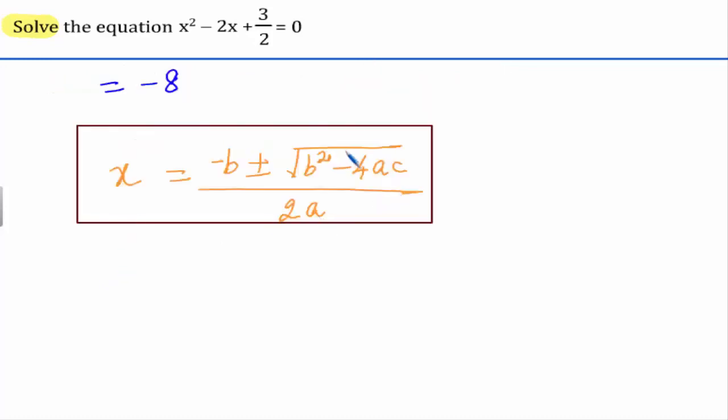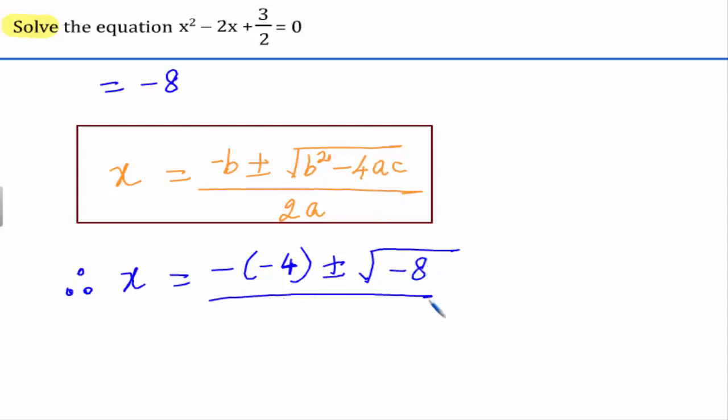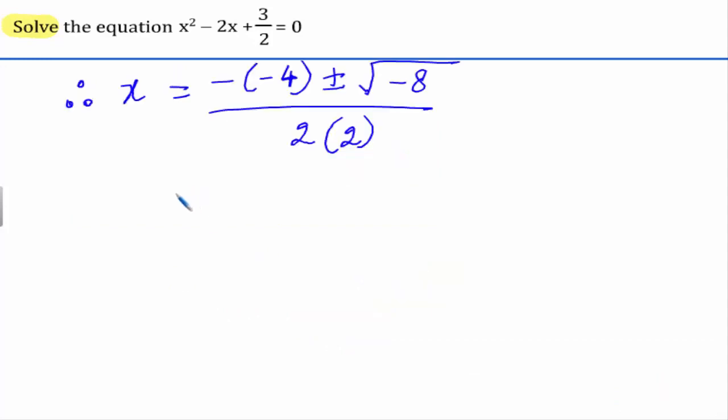Using the quadratic formula, we get x is equal to minus of minus 4 plus or minus root over the value we have found, b square minus 4ac as minus 8, divided by 2 multiplied by 2. So this will be equal to 4 plus or minus root 8i divided by 4.